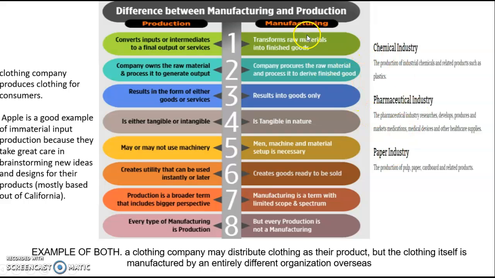So that's manufacturing. On the other hand, examples of production are clothing companies. Any type of clothing company, for example, Puma or Adidas. That is a production company. Why? Because they hire a specific company, an industry, and they say, okay, I need 100 shirts that have the Puma logo in front.